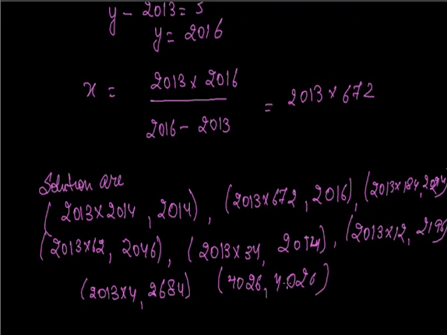These are the possible integral solutions of 1 upon x plus 1 upon y equal to 1 upon 2013.